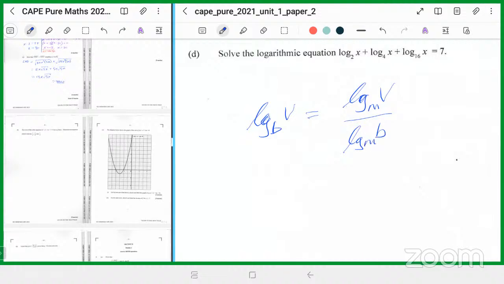So that is what the change of base is. I bring everything to the same base. What I would do is bring them to base 2. I have base 2 already. Bring this to the base 2 and bring that to base 2.